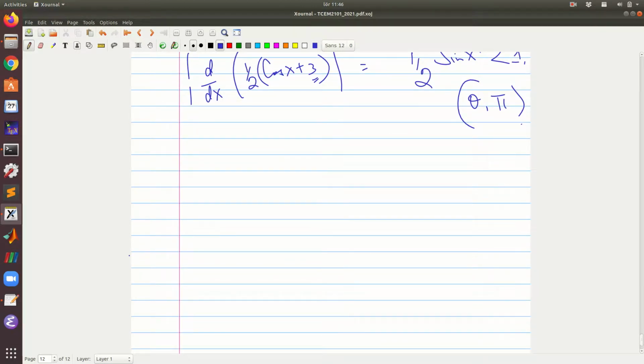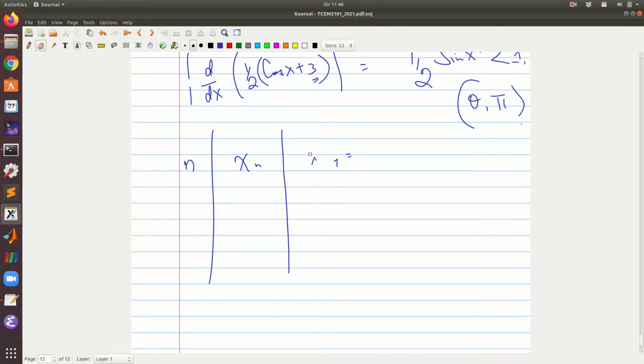So then next would be to set up the table: we have n, we have xn, and then we have xn plus 1.